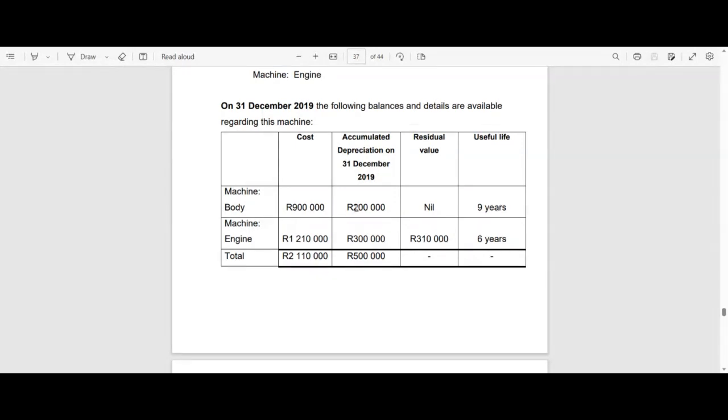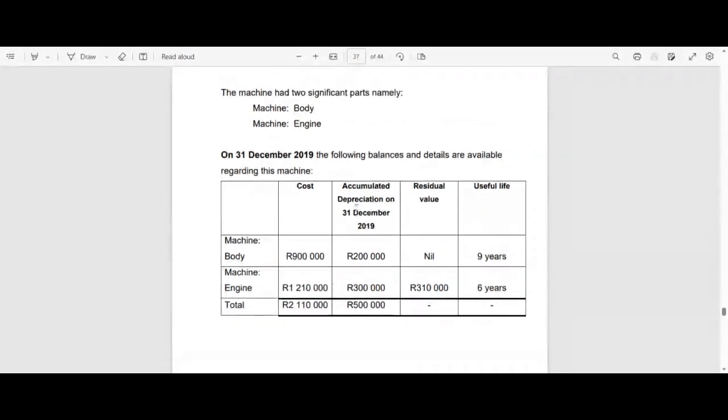The account that we call machine, body, accumulated depreciation had a credit balance of 200,000 rands. And the account that we call machine, engine, accumulated depreciation had a credit balance of 300,000 rands at the end of December 2019.